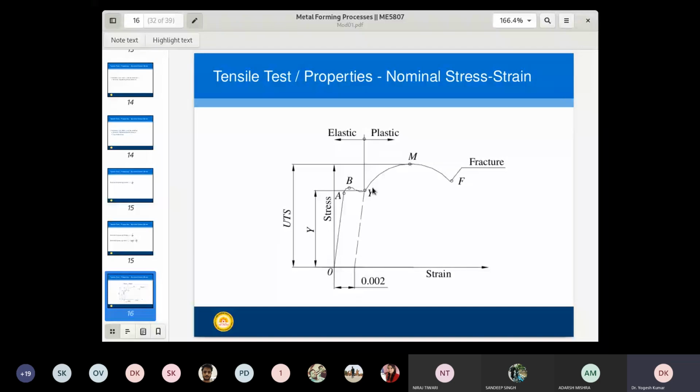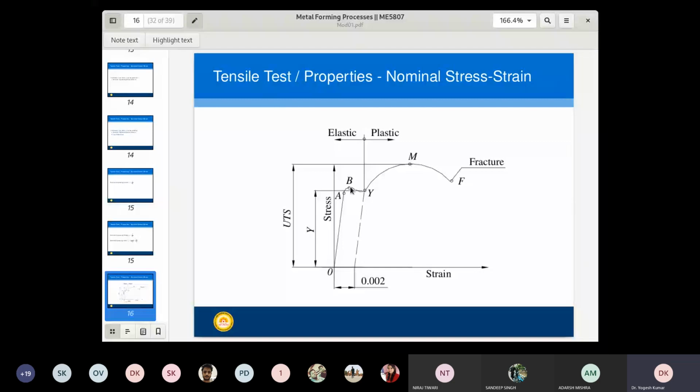So this point is calculated based on 0.002 elongation, or 0.2% of elongation if we are talking in percentage. This is how your yield point is decided.